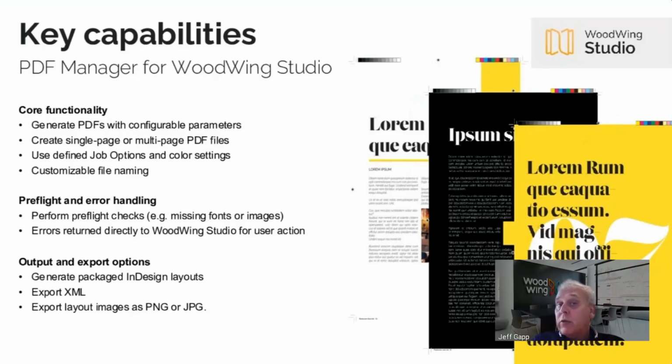That's one file, right, per page. You can, of course, merge those pages together. You can have configurable parameters around things like the naming structure, using the data that's coming from Studio. So a wide range of different ways. Unique names, you can have names based on your issue, your brand, issues, status kinds of values. You can use defined job options, color settings.